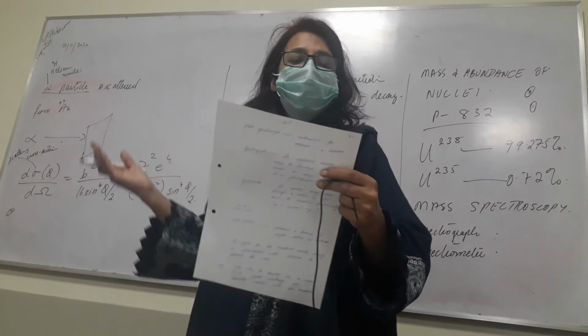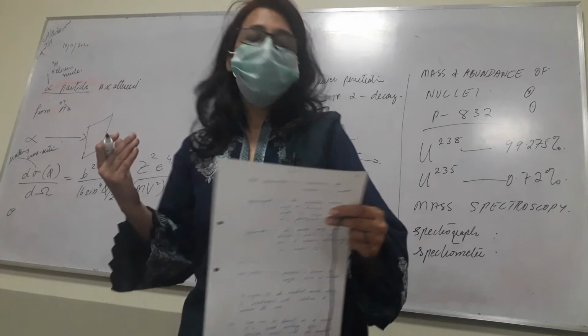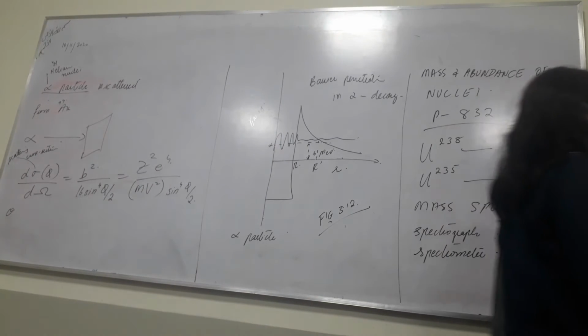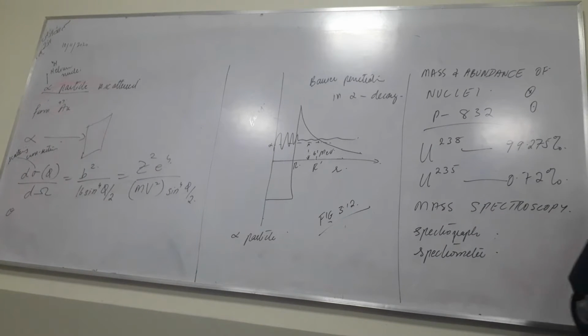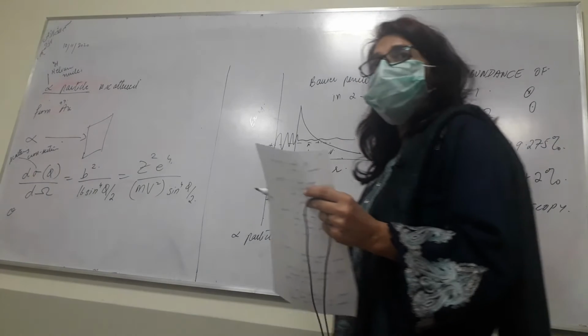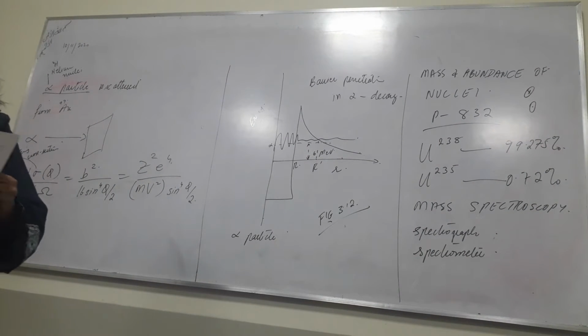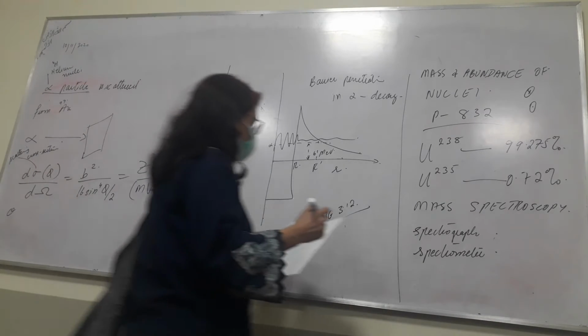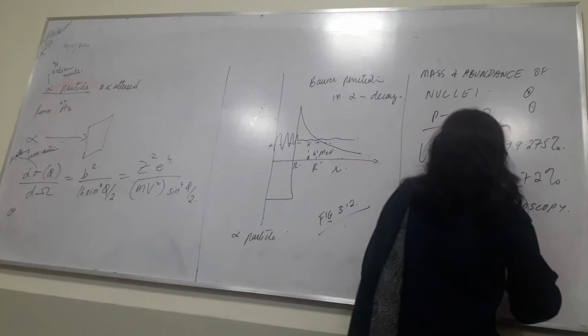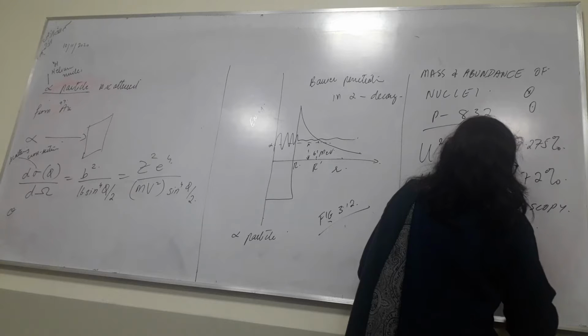Then we have to select the velocities, and for selecting the velocity we have an arrangement which is known as the velocity selector. Velocity selection can be done with the help of electric and magnetic fields. The electric field will be E and the force will be QE.